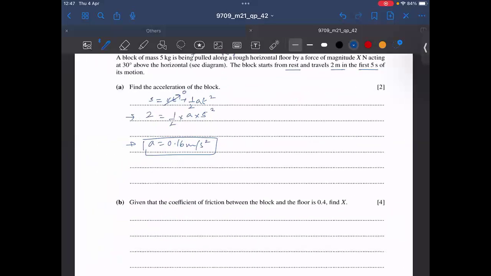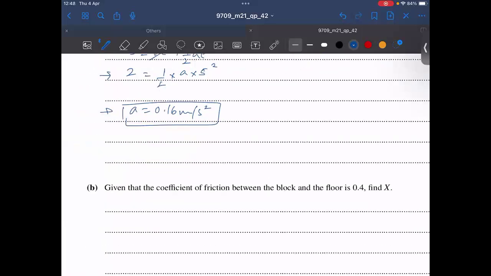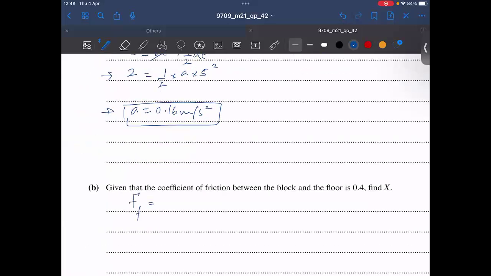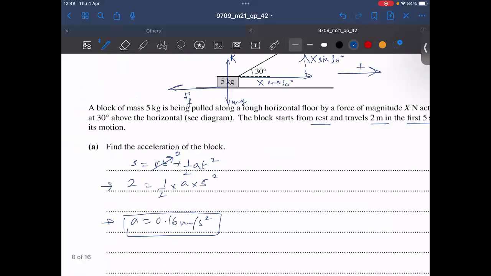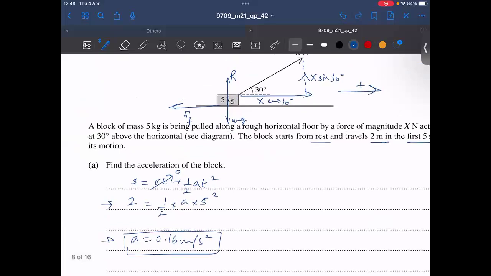Now, because you have been given the coefficient of friction, you haven't been given the value of the force of friction. We need to find out the value of the force of friction, but for that, we'll be using the equation mu times R. And I don't know what R is. I need to apply Newton's second law in the vertical direction first. So I'm taking upward as positive, downward is negative.